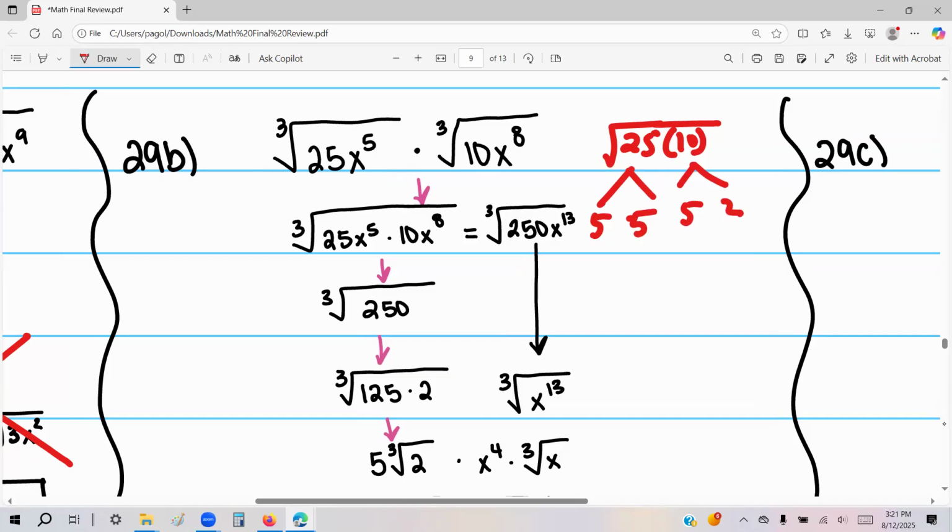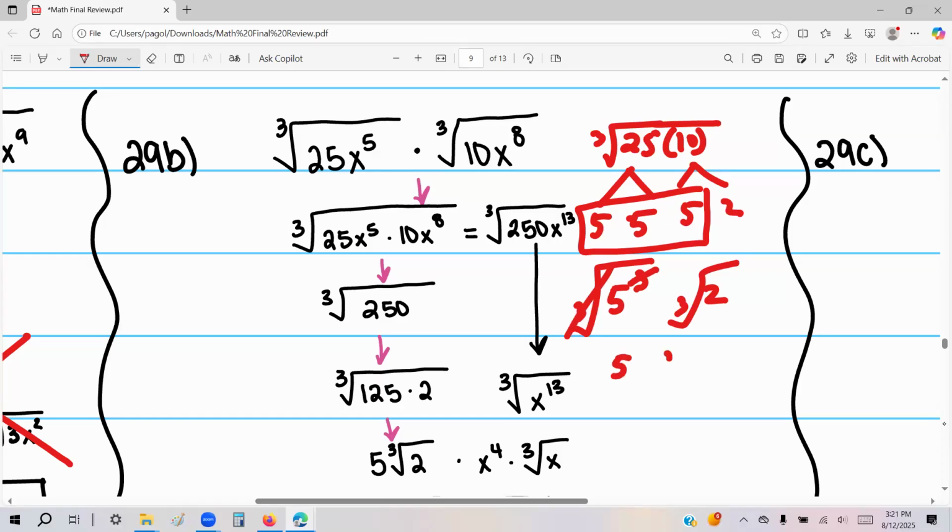You're looking for the same number how many times? 3 times. So you get 5 cubed and 2. Since you're dealing with the cube root, we get 5 single outside and 2 inside the radical.